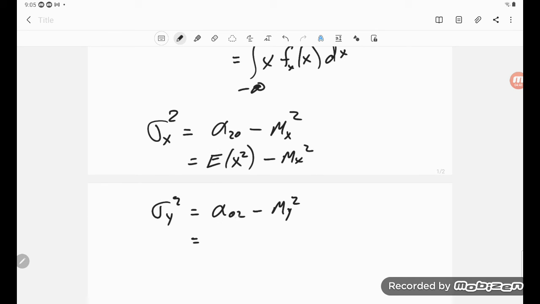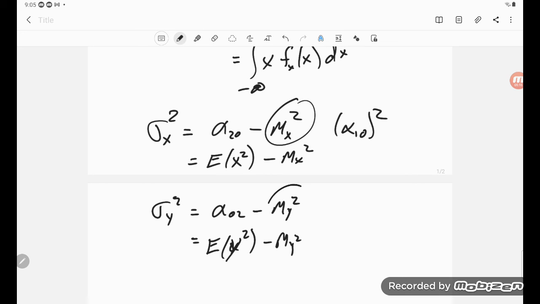And so this would be E of y squared minus my squared. But of course, since mx is E of x, and my is E of y, you could also write that as alpha 1, 0 squared, and you could write this one as alpha 0, 1 squared.